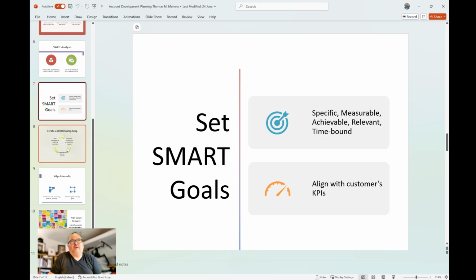The customer needs it normally as soon as possible, best yesterday. So make it clear with the customer where the customer is now, and then set a clear timeline of when which step will happen, and align with the customer's KPIs.